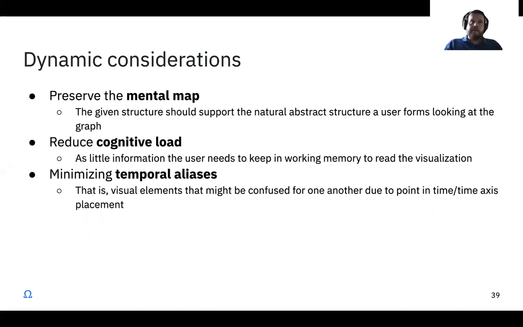So the way this rule is written in the literature is a bit confusing because it sounds so arcane, right? It's like, so the given structure should support a natural abstract structure. Well, so what is that actually? Because if we know some kind of natural abstract structure the user forms in the brain, then we just draw it like that, right? But this abstract structure is never given, or it can differ between users.